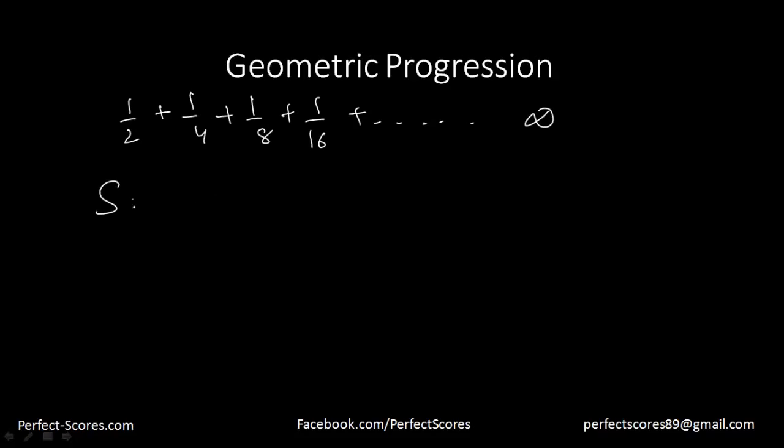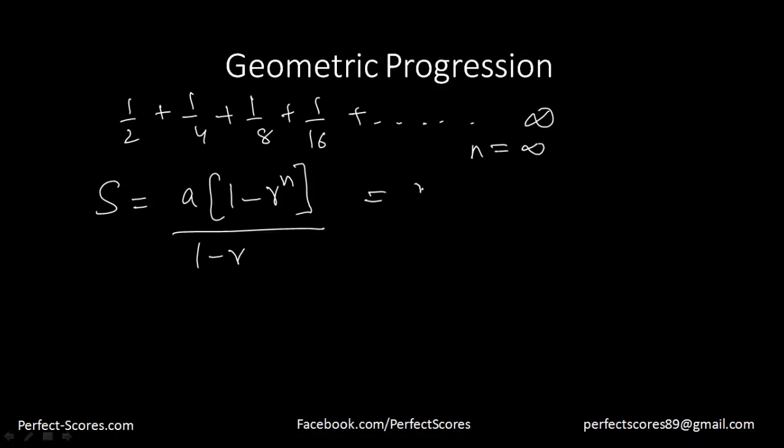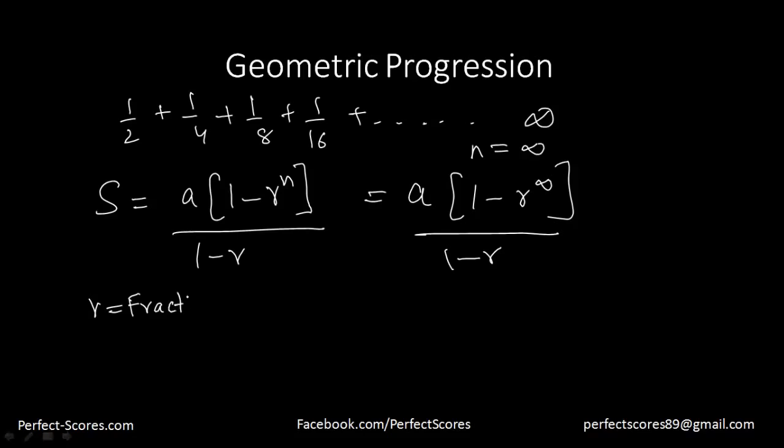Now the sum, as you know, is a into 1 minus r to the power n divided by 1 minus r. If the number of terms is infinite, the sum is a into 1 minus r to the power infinity divided by 1 minus r. Now this r is a fraction, and a fraction raised to the power infinity is almost equal to 0.